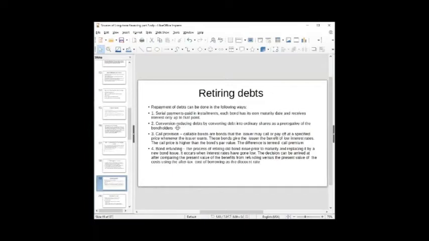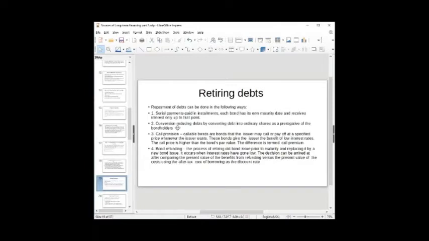The call provision is for callable bonds, which are bonds that the issuer may call or pay off at a specified price whenever the issuer wants. The call price is higher than the bond's par value, and the difference is what we call the premium.